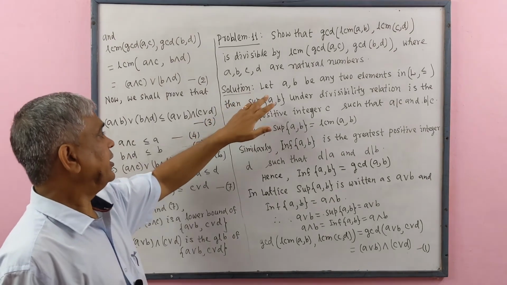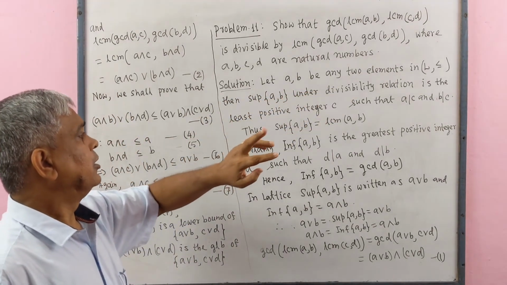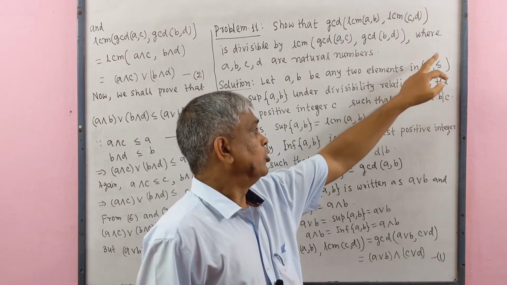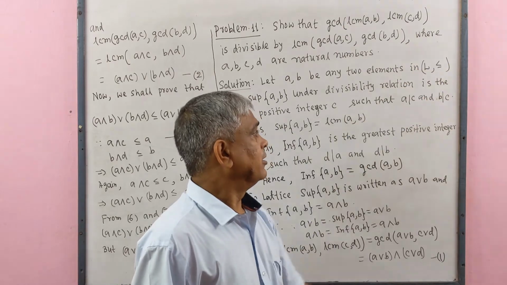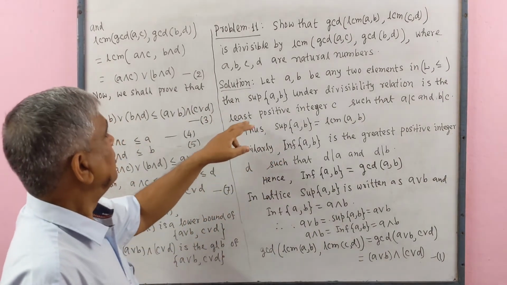Now the solution. Let A, B be any two elements of the set L with partial order relation. This relation is the divisibility relation.